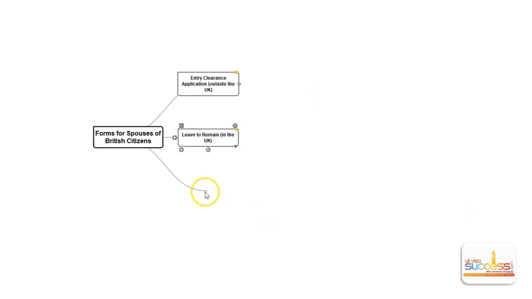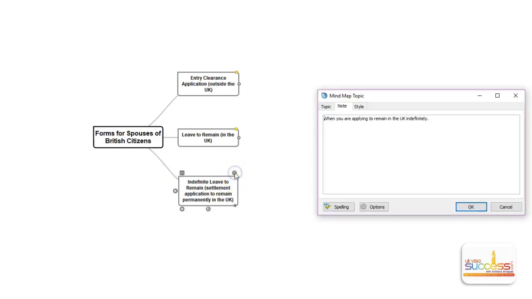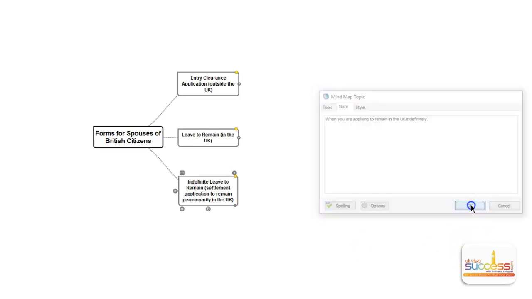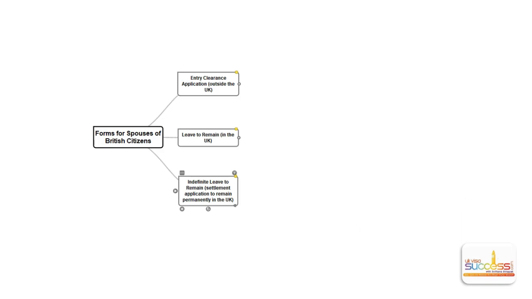And the last, third type of application is known as settlement application, or in legal terms, it is also known as indefinite leave to remain or ILR application. That is when you are applying to remain in the UK indefinitely. In most cases, it will be after 5 years of remaining in the UK on a spouse visa. And if you are in the exempt category or if you were unable to meet the rules before, it will be after 10 years of remaining in the UK.